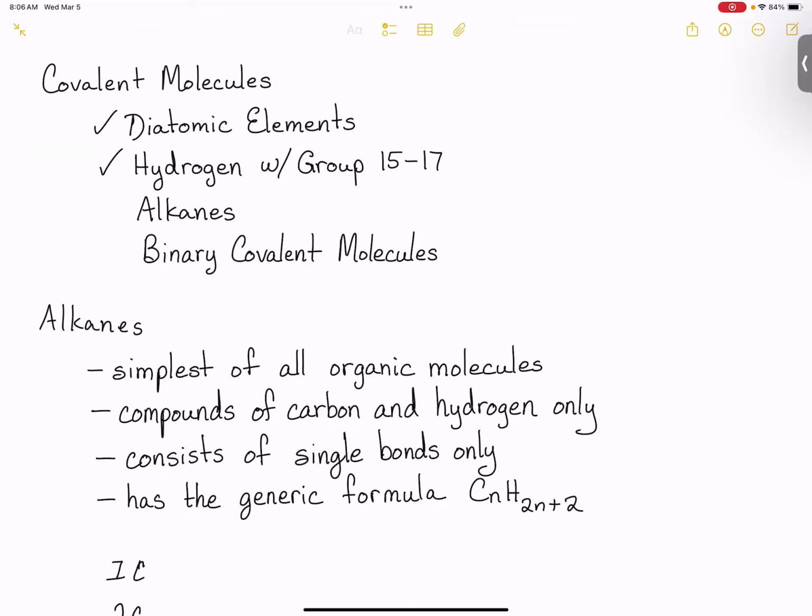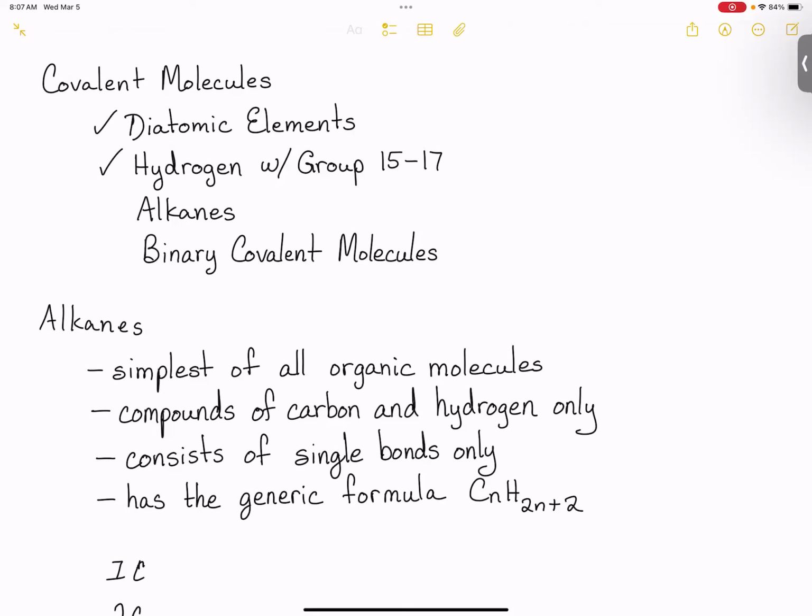There were 4 categories of covalent molecules that I wanted to discuss. The very first was the diatomic elements, which are Brinkelhoff: bromine, iodine, nitrogen, chlorine, hydrogen, oxygen, and fluorine.